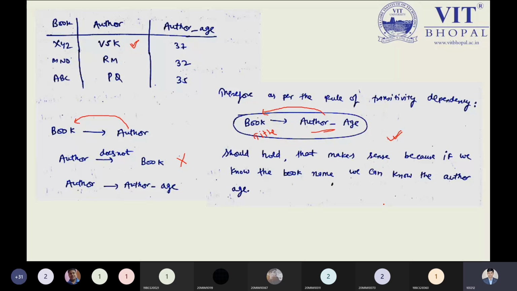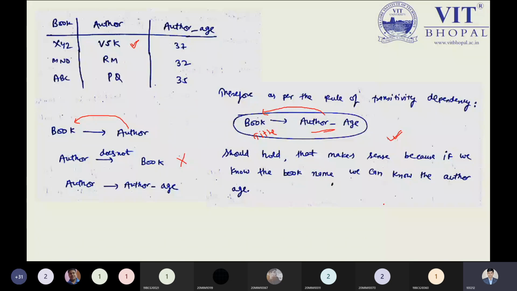But the reverse is not acceptable here, so we can say the book does not depend on the author, or the author does not determine the book. That is the cross I have mentioned here. Next, author age depends on the author. So in this case, we can say indirectly the author age depends on the book. This is known as a transitive dependency.